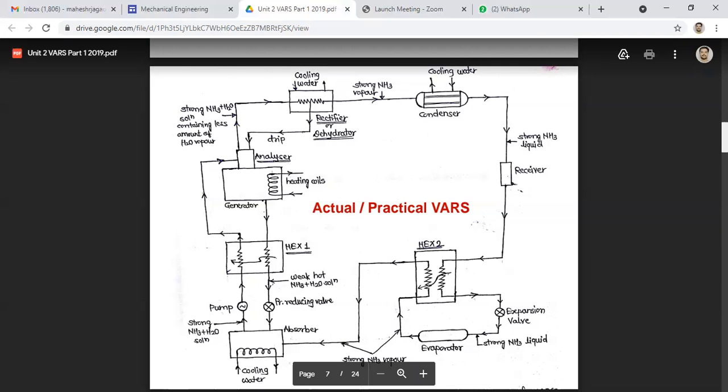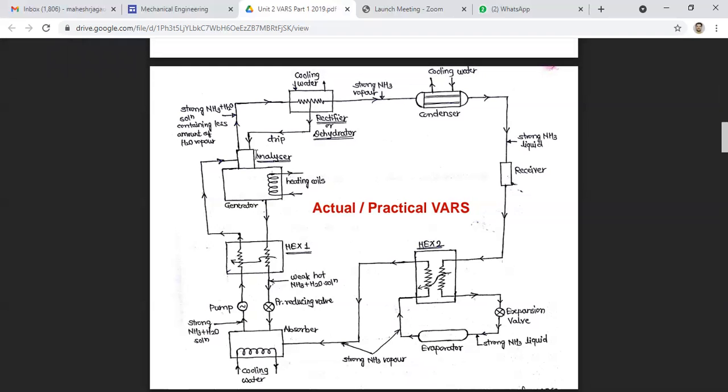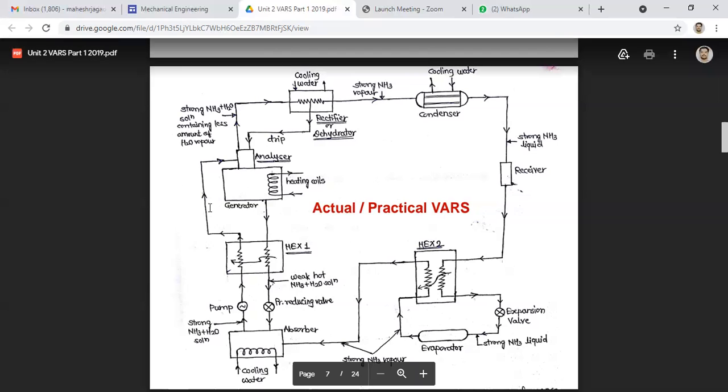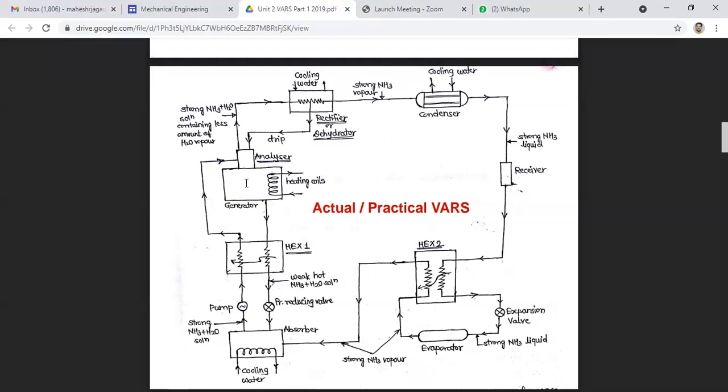First we are going to see the analyzer. It is possible that the ammonia vapor leaving the generator may contain water vapor. So the condensed water may freeze in the expansion valve and choke the flow.